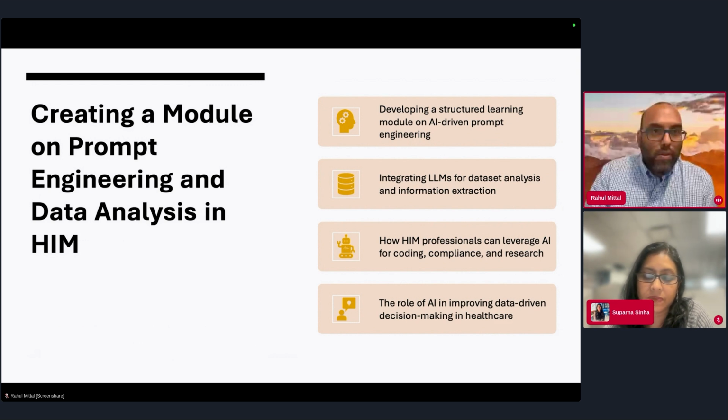And this is further around leveraging AI for coding, compliance, and research.